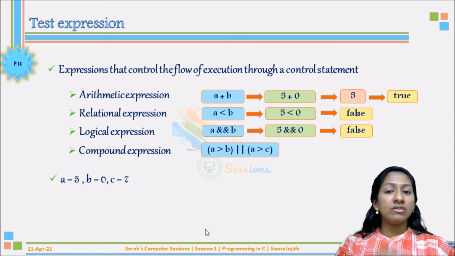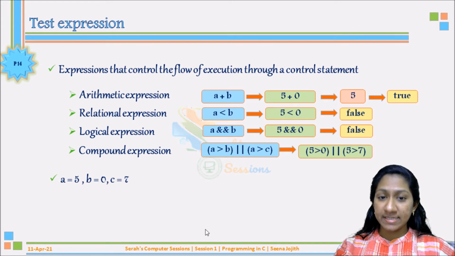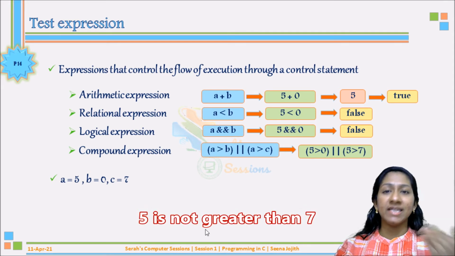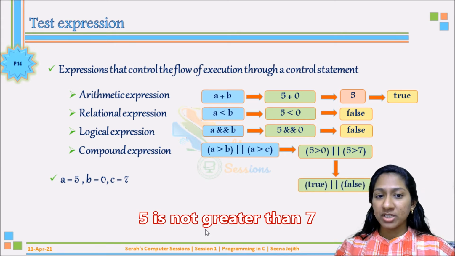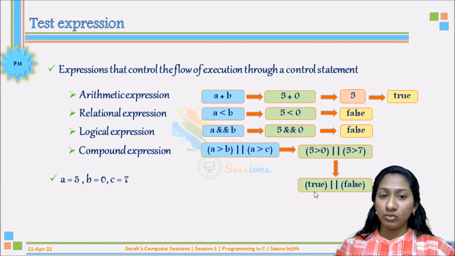Now let's move on to the compound expression. We'll just give the values. a greater than b, 5 is greater than 0, or a greater than c. The value of c is 7 and we clearly know that 5 is not greater than 0. So the second expression that comes along with this OR operator results in a false. But since the first expression results in a true, you will get the final result as true.